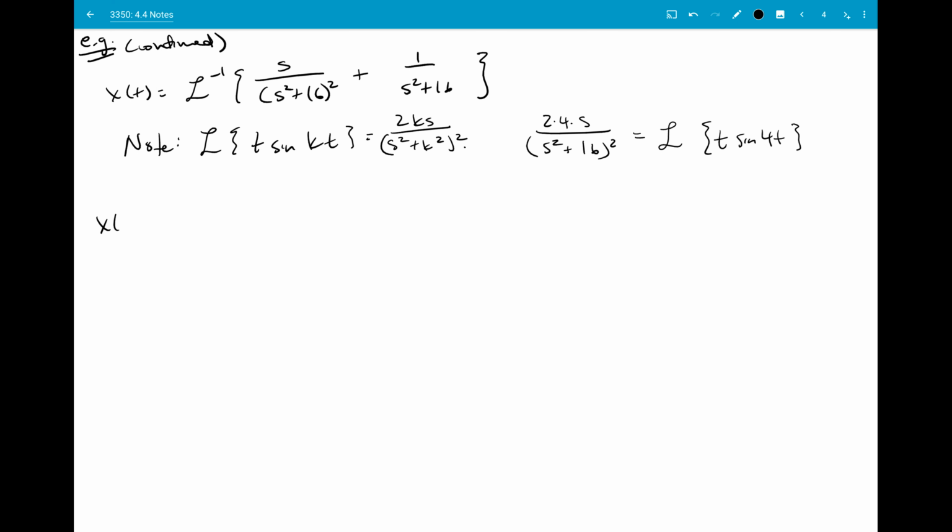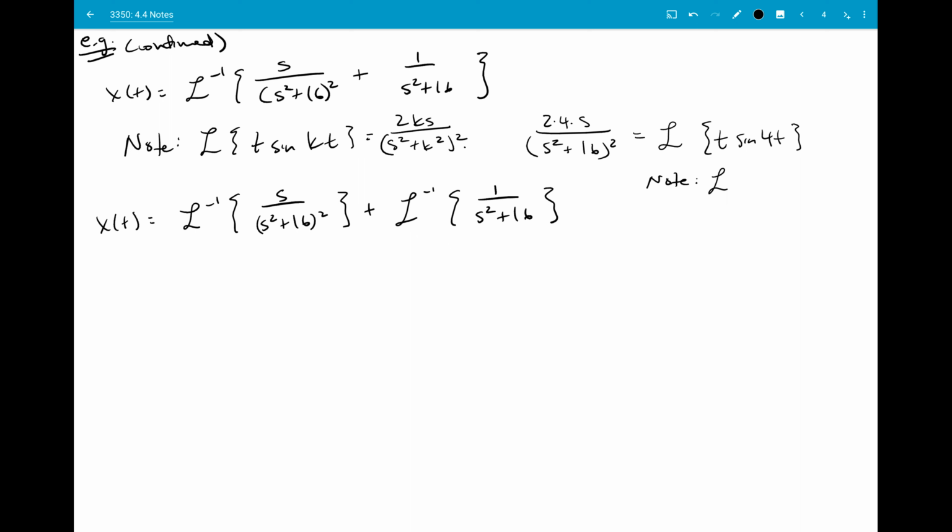Okay, so using linearity, I'm looking for L inverse of s over s squared plus 16 squared plus L inverse of 1 over s squared plus 16. I'm also going to note that from our regular Laplace table, L of sine 4t would have been 4 over s squared plus 16.